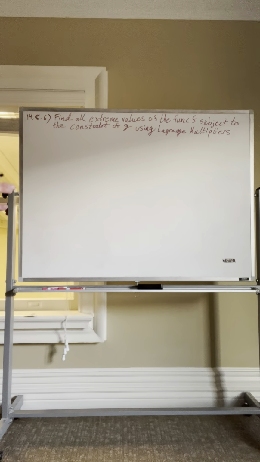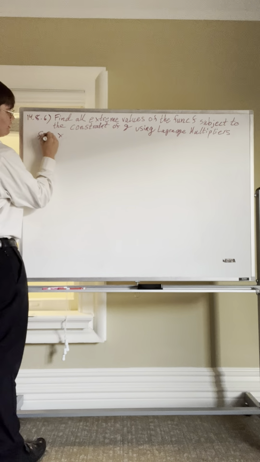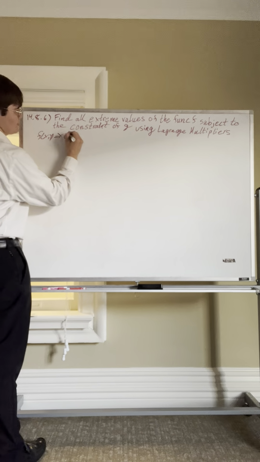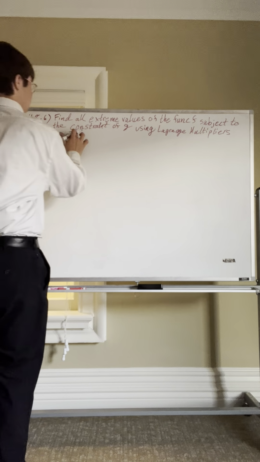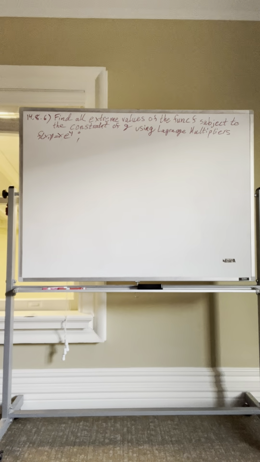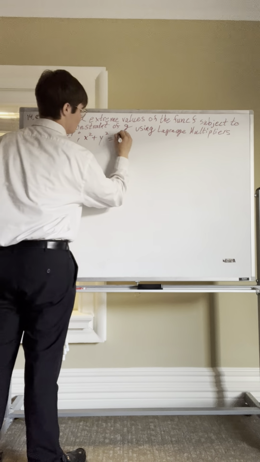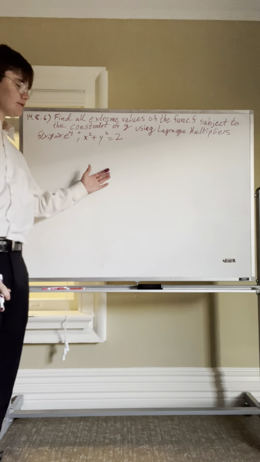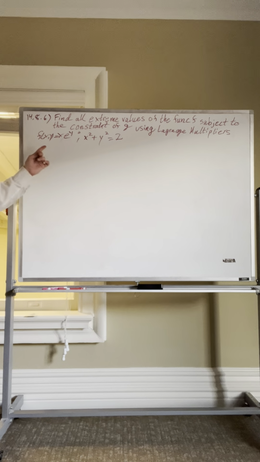We have the function f of x, y equals x times e to the y, and our constraint is x squared plus y squared equals 2. We want to find the extreme values of this function subject to this constraint.